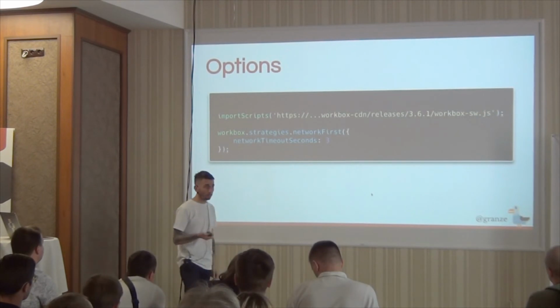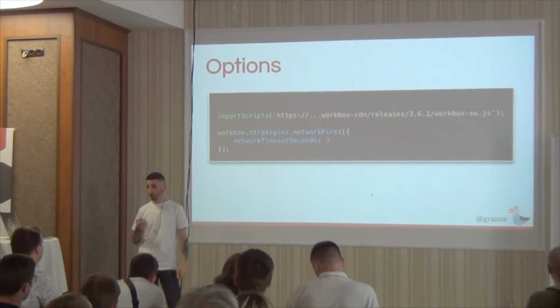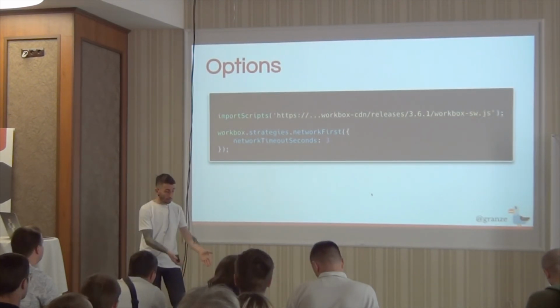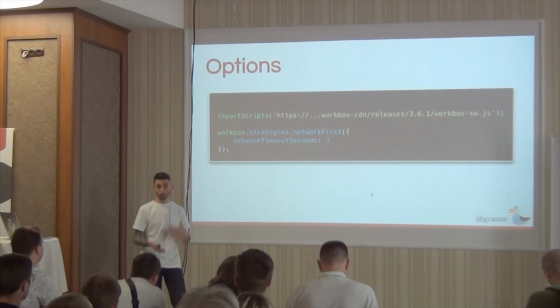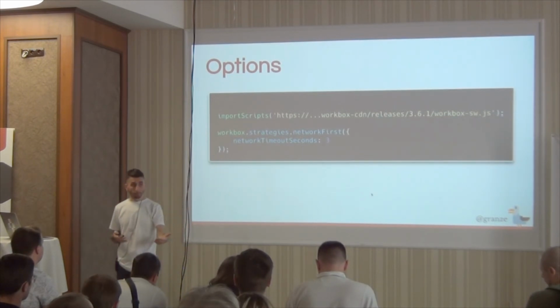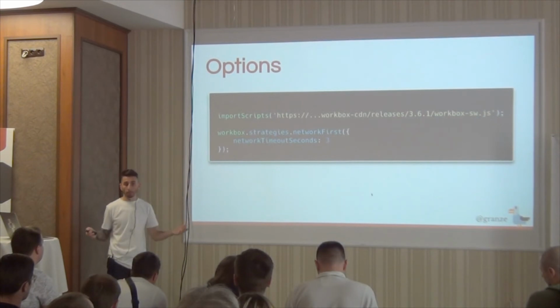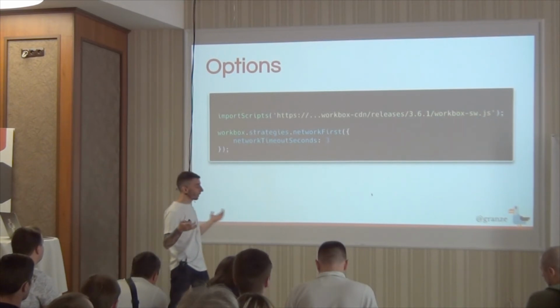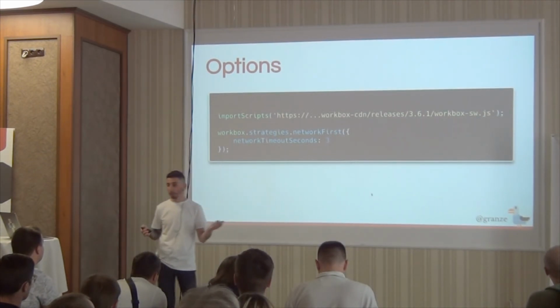There is a problem, because if the network is slow, if the server is not responding, we already have the file in the cache, but we want to query the server first, and we should just wait. We need to wait for, I don't know, 10 seconds, 20 seconds. Maybe the server will time out.